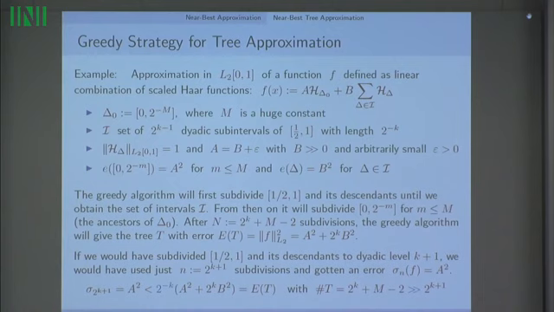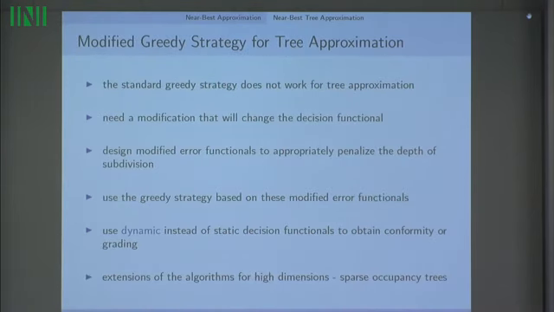So if we cannot do the greedy strategy, we have to modify it somehow, because the greedy strategy is the way to get linear complexity, and therefore we want to have some modification. In this modification, practically we'll use some way to account for this kind of phenomenon when we subdivide too much in one direction and there is no result.